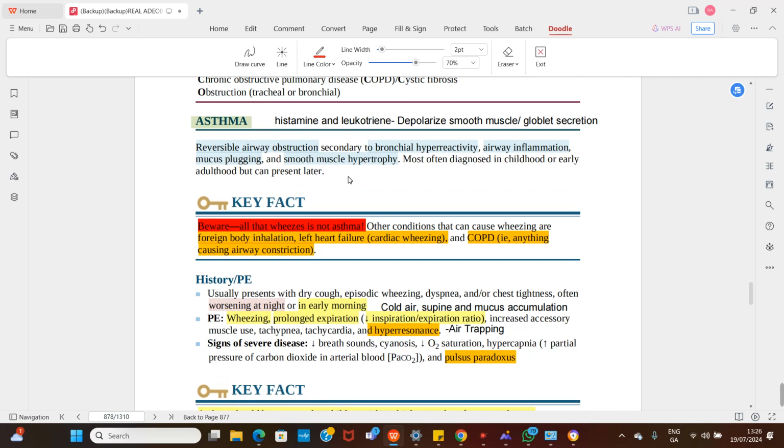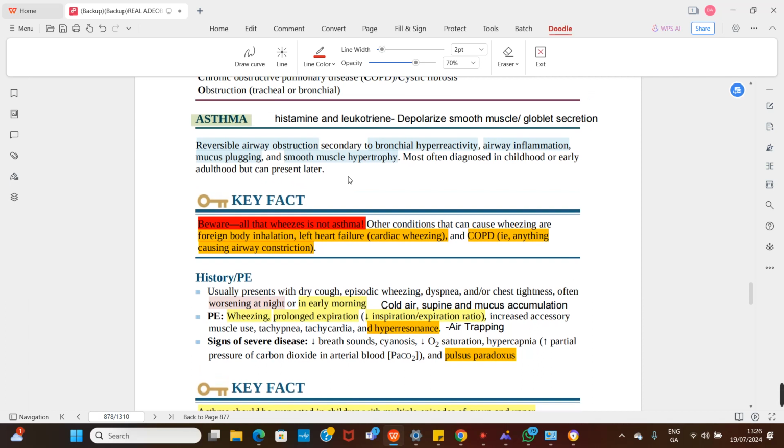So moving to asthma. We already know asthma is type 1 hypersensitivity. It's due to increased bronchial hyperreactivity. The bronchial airways are hyper-responsive to normal antigens. The antigens could be anything: pollen, dust, exercise, cold air, perfumes, deodorant.